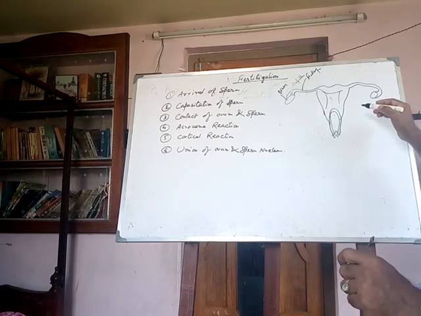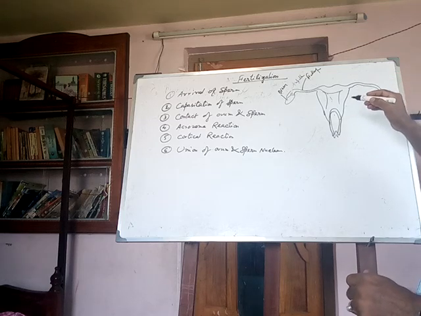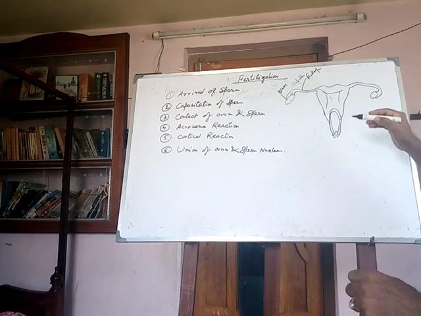Sperms are covered by glycoprotein, fructose and liquid; the total system is called semen.